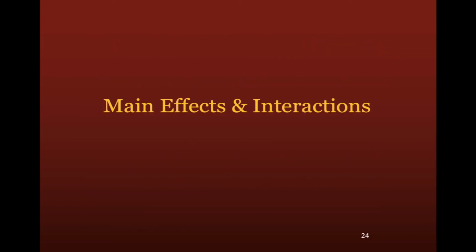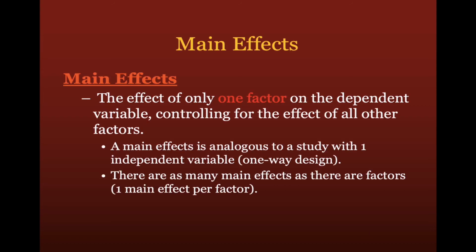So now let's talk a little bit about main effects and interactions. A main effect is the effect of one factor, in other words, one independent variable on the dependent variable, controlling for the effect of all other factors. So in essence, it's looking at the effect of one independent variable, not factoring in any other independent variables. It's just looking at that one independent variable.